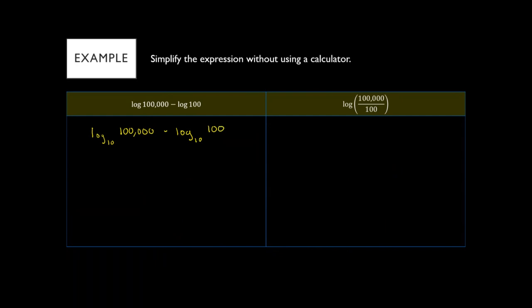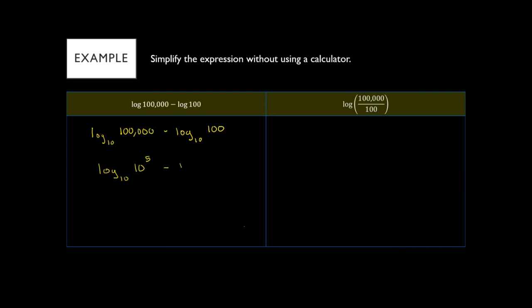So in order to simplify this using our rules, we need to be able to rewrite 100,000 and 100 as powers of 10 so that we can cancel things out. And so you just count how many zeros you have. So 100,000 has 5 zeros, so that's 10 to the 5th power. So this is log base 10 of 10 to the 5th.